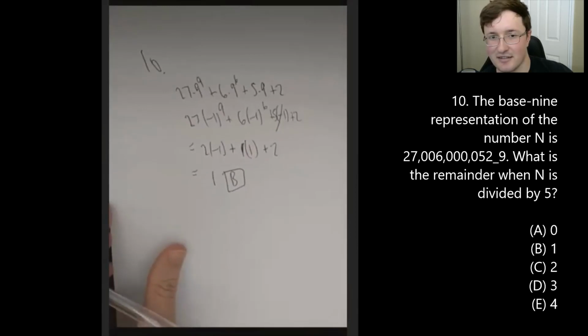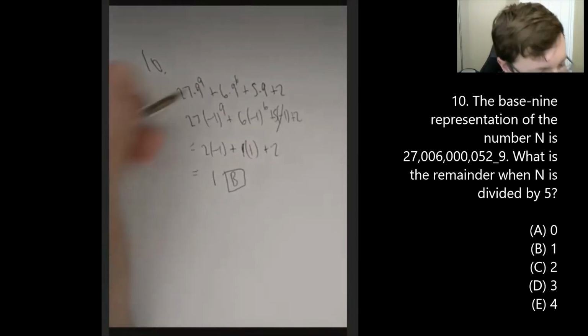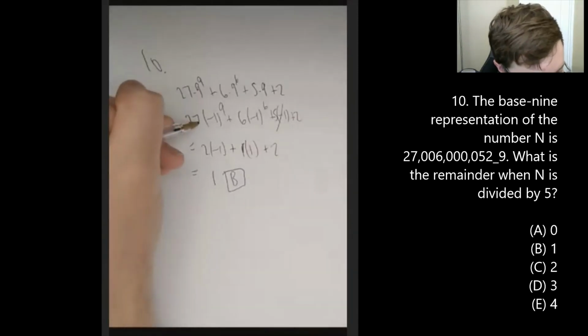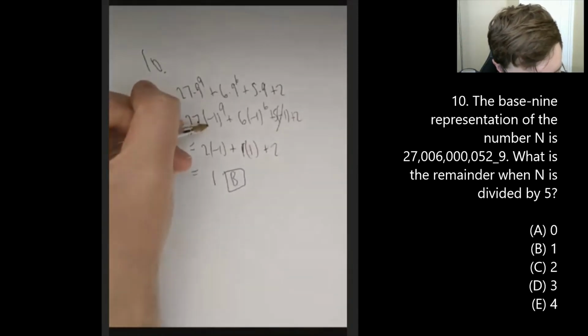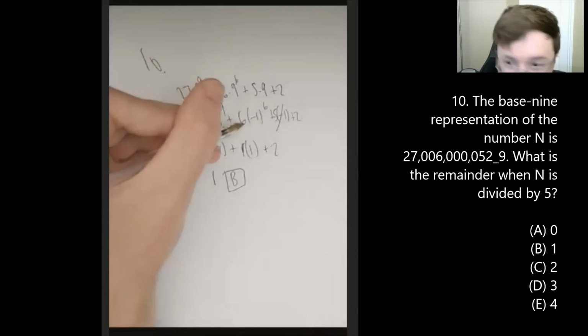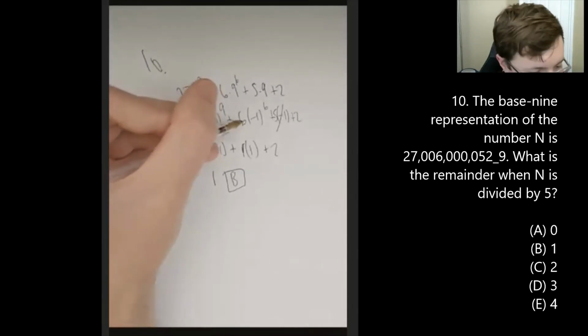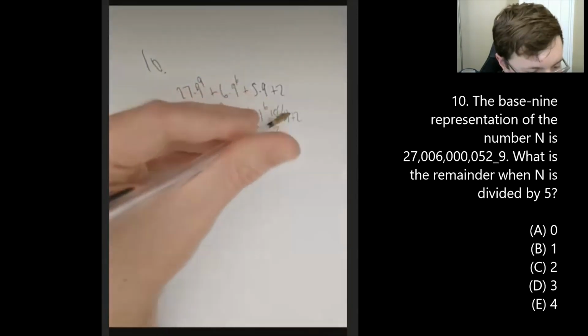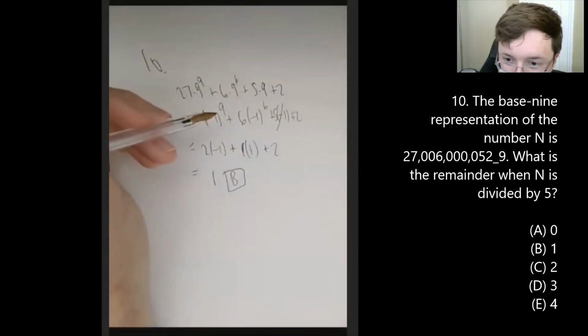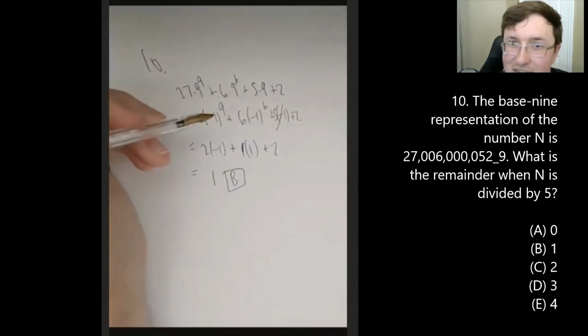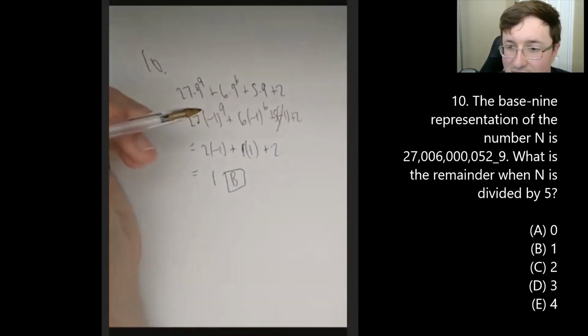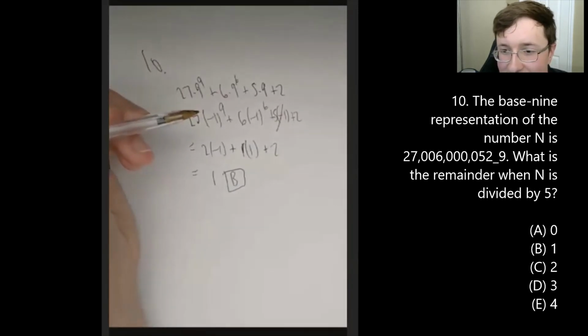What? What? No? Wrong? Wait, 27 is 2 minus 1 plus 6, plus 1 plus 2. It's wrong, right? I got a different answer in the test.